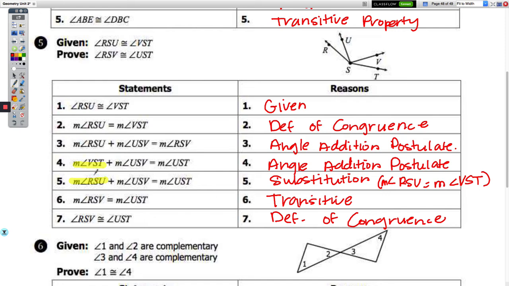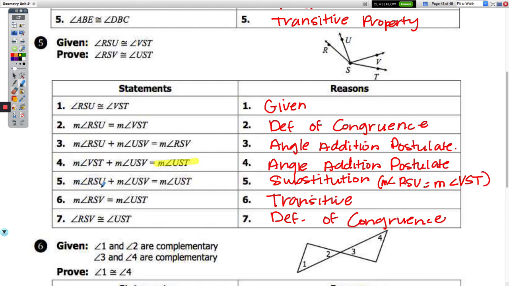Now between 4 and 5, let's look at the transitive property. That way we're looking at both substitution and transitive together. Hang on, I'm on the wrong one. I'm going to look at 3 and 5.